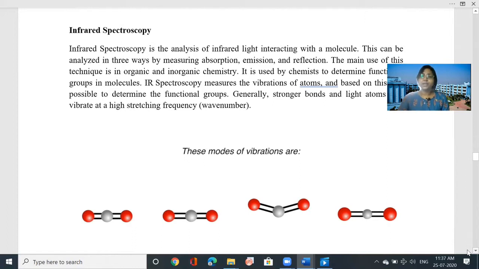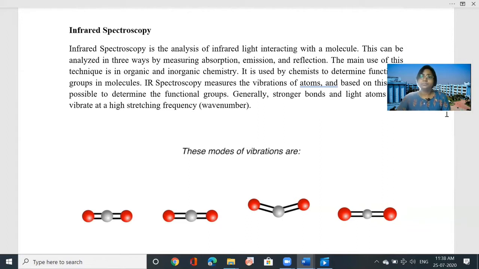So it depends on the dipole moment and on the vibration of the molecule. There are different types of vibration, like stretching and bending. If the frequency matches the molecule, it will absorb the radiation and there will be changes like vibration, stretching, bending, etc.